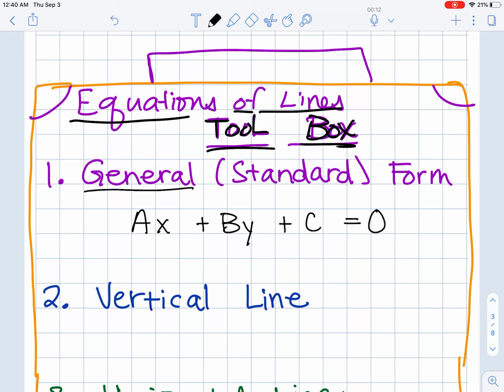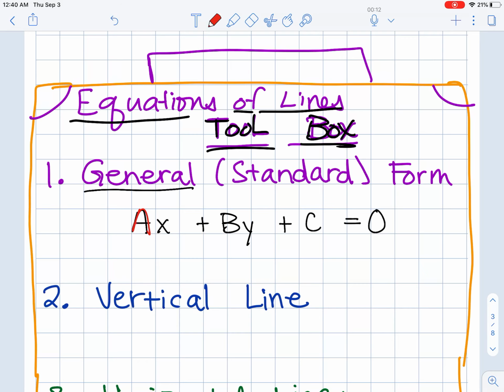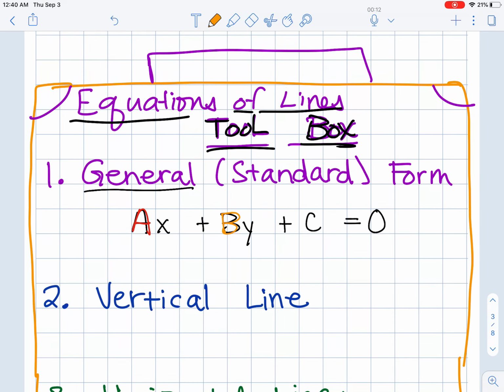And we use that in different ways. We use that for the cover-up method. We use it for the intercept method that you probably learned last year. And remember that a, b, and c are all different coefficients. The x and the y and the 0 are part of the form that have to be there, but a, b, and c could be any numbers.